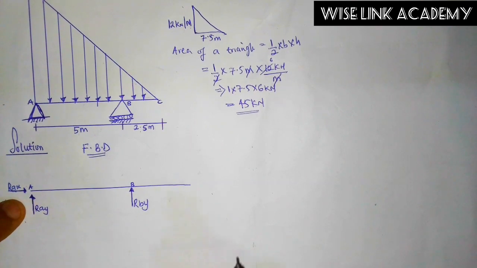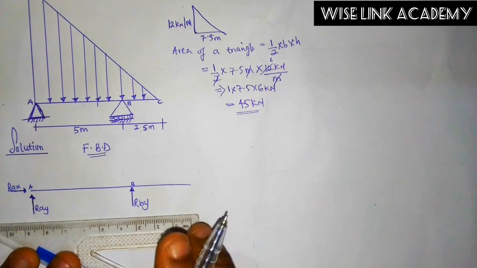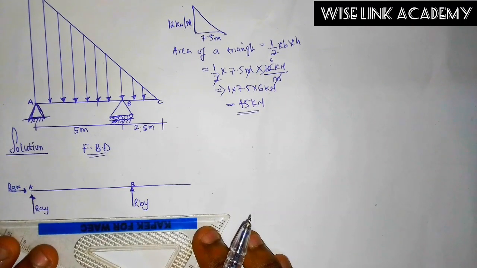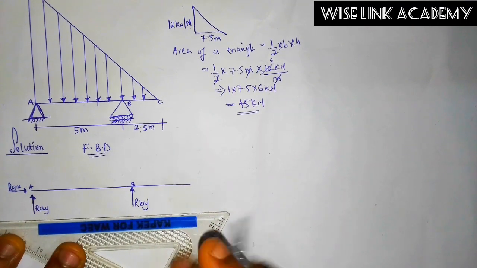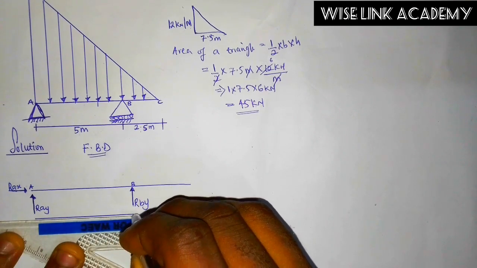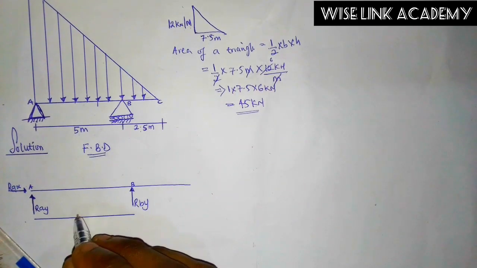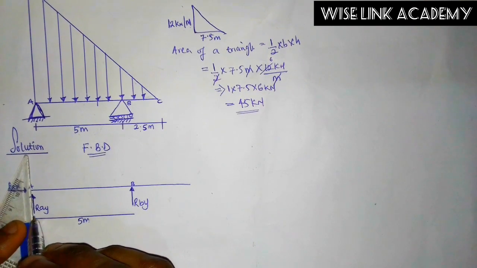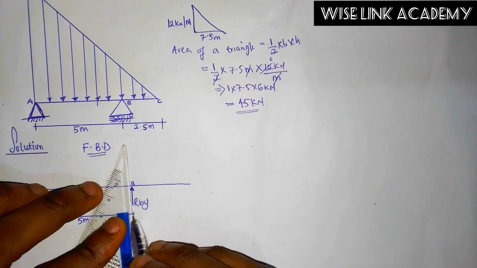Don't forget, according to what you are seeing here, the distance from here to somewhere here is 5 meters, isn't it? As you can see, I'm trying to draw out the free body diagram.